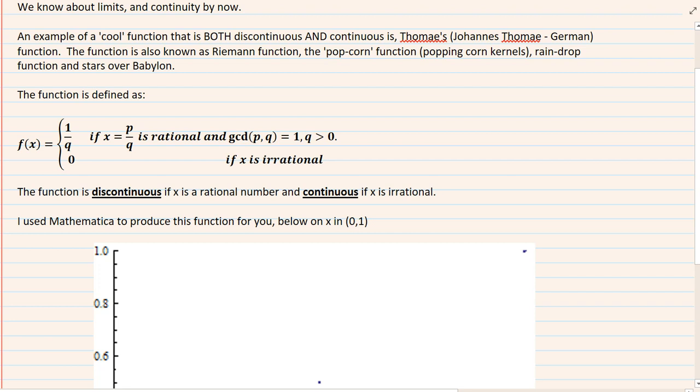For when x is rational, x equals p over q, where p and q are coprime, in other words, the greatest common divisor of the two numbers is just 1. For example, if you look at the numbers 17 and 18, 17 is prime, so its only factors are 1 and 17.